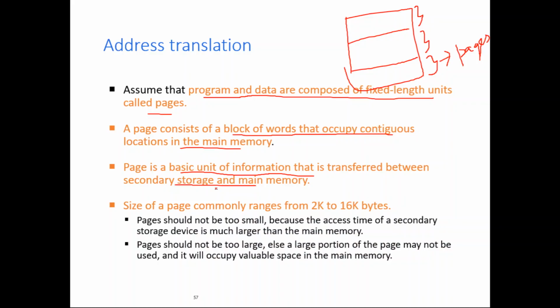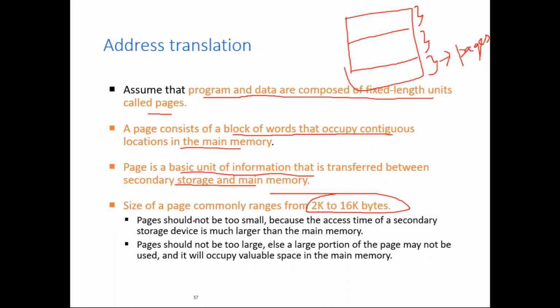So the basic unit of data transfer between main memory and the secondary storage device is the page. What is one page? A page is a collection of a block of words, and the size of a page is from 2 kilobytes to 16 kilobytes.